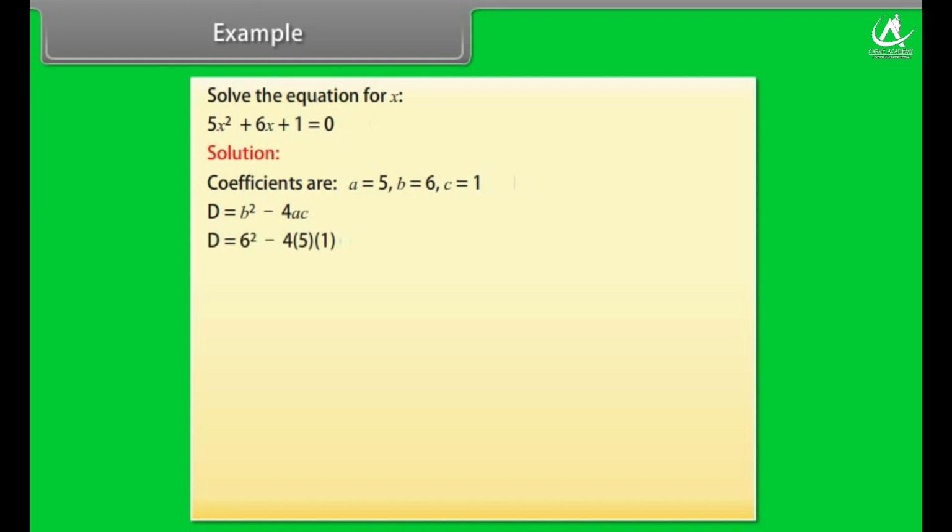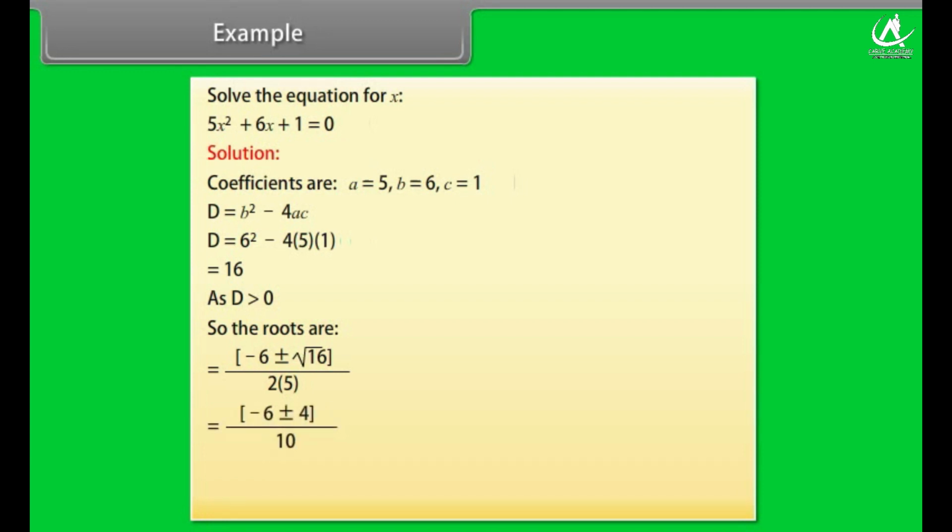D is equal to 6 square minus 4 into 5 into 1 is equal to 16. As D is greater than 0, so the roots are x is equal to minus 6 plus minus under root 16 by 2 into 5 is equal to minus 6 plus minus 4 by 10. On solving, we get x is equal to minus 1 and minus 0.2.